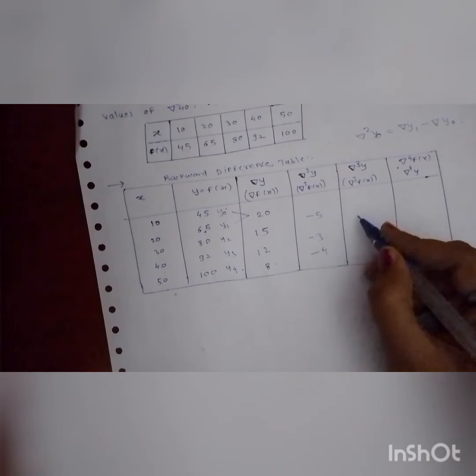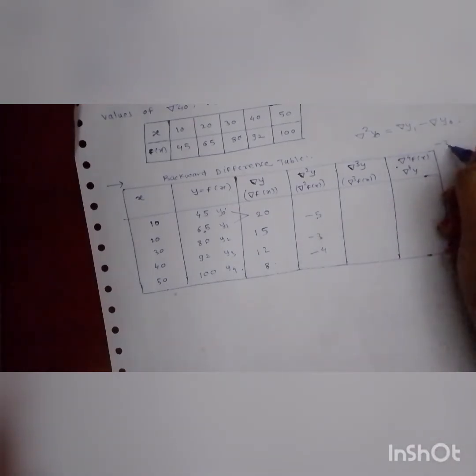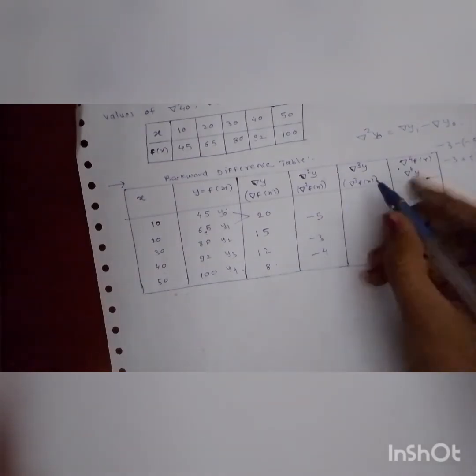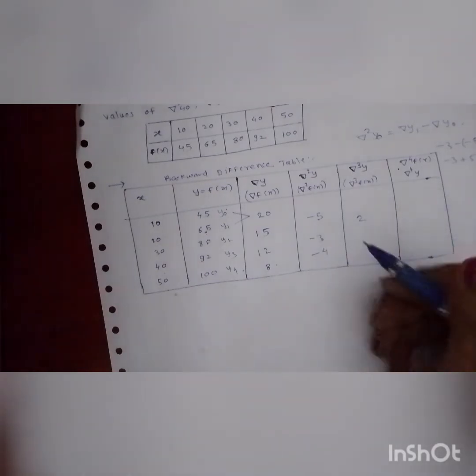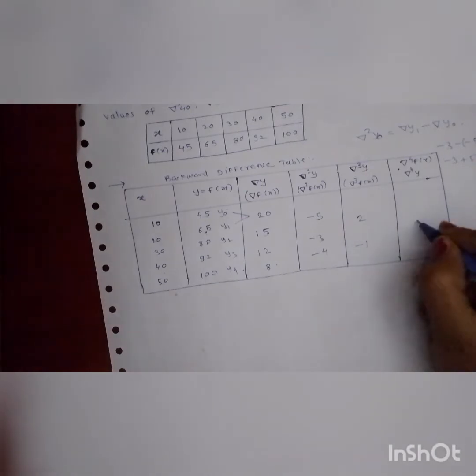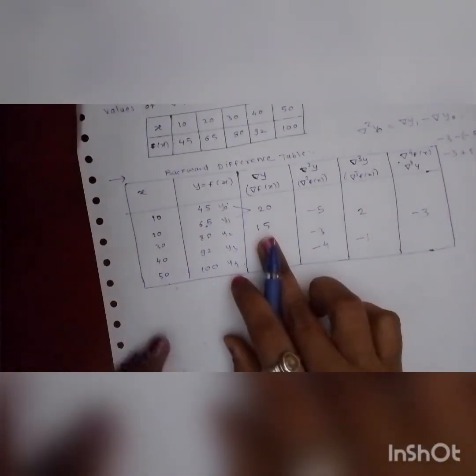Delta cube y is minus 3 minus (minus 5), the minus becomes plus, so minus 3 plus 5, this is 2, and the next is minus 1. From this, delta raised to 4 is minus 3. This is the backward difference table.